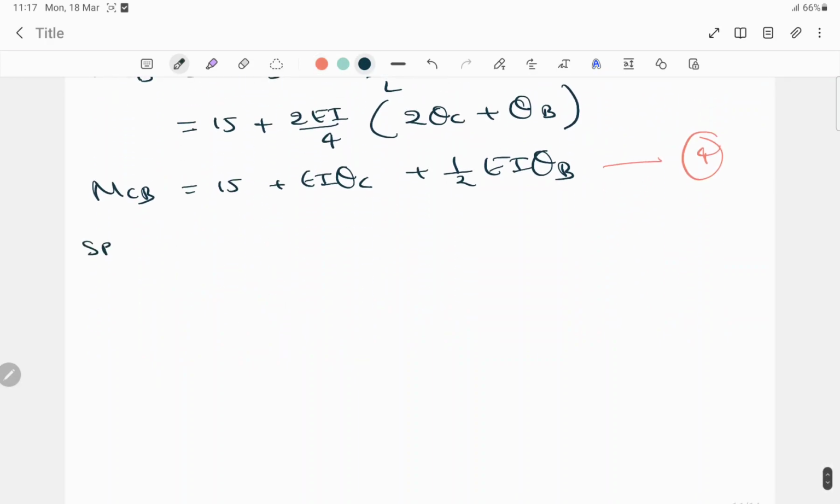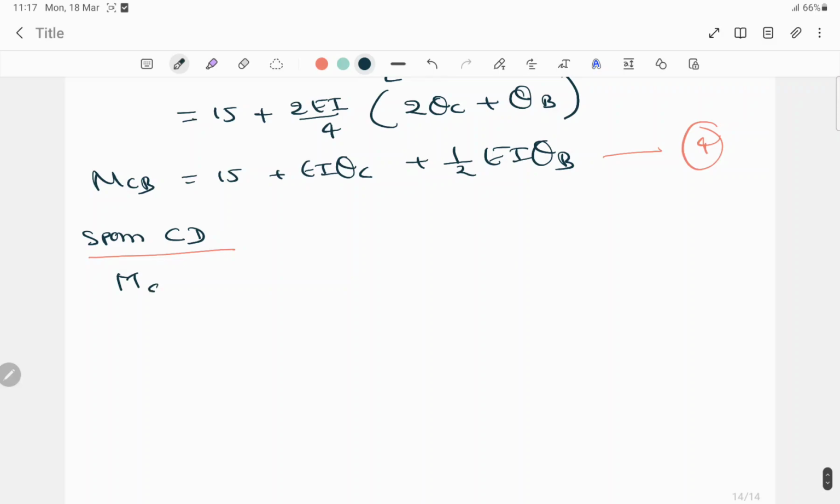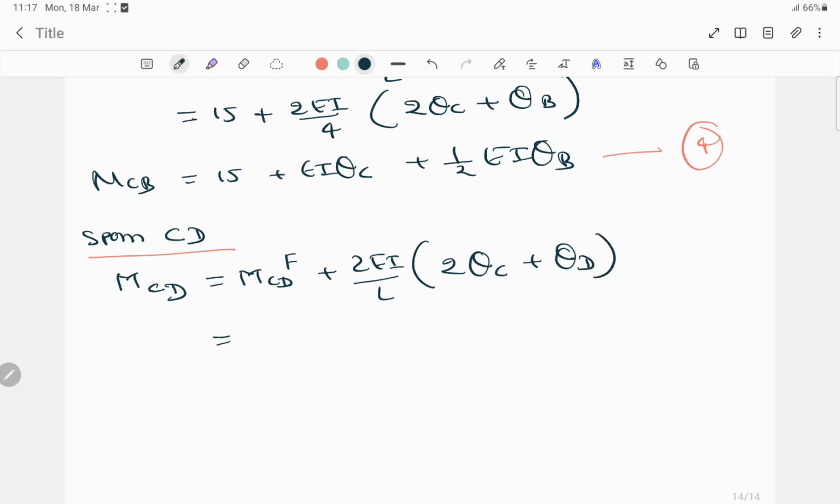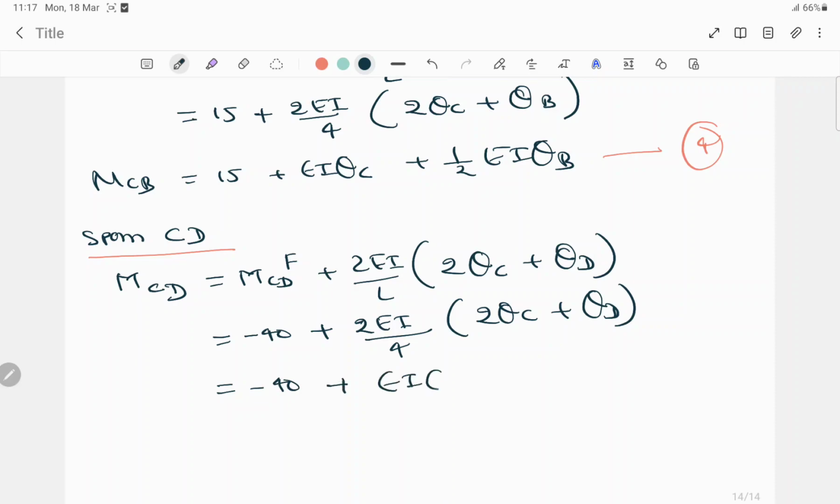Now we'll solve for span C to D. We follow the same equation: M_CD is equal to the fixed moment plus 2EI by L into 2 theta C plus theta D. The fixed moment from C to D was minus 40 plus 2EI divided by L, which is 4, 2 theta C plus theta D. Then the equation will be minus 40 plus EI theta C. Let it be equation number 5, M_CD.